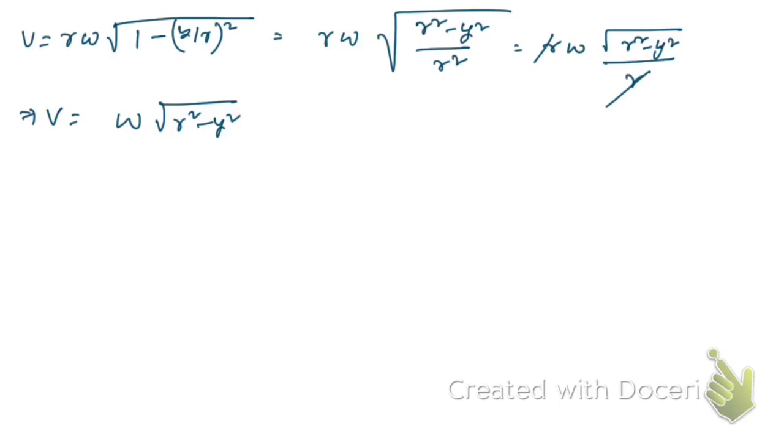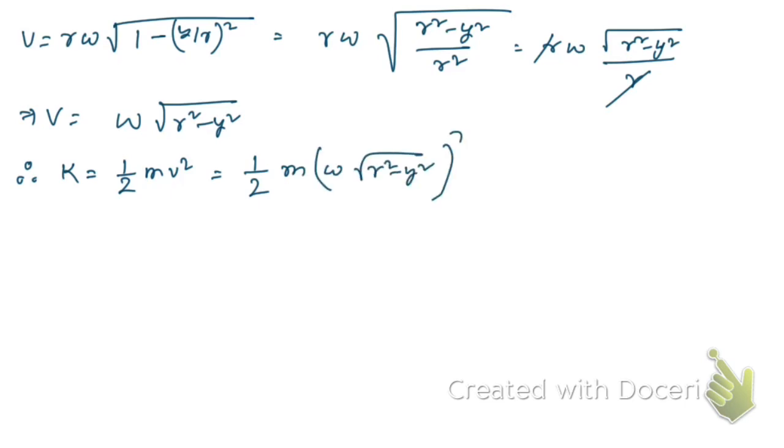That's what we're going to have. So therefore kinetic energy, that is half m v square, so we can replace the v by this value, right? So half m, instead of v we can write omega root over r square minus y square whole square, right?